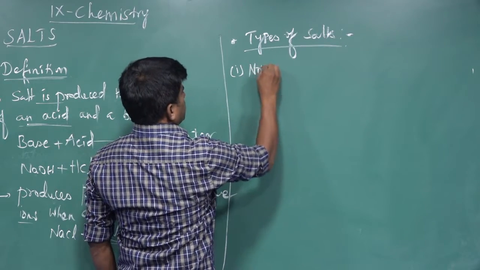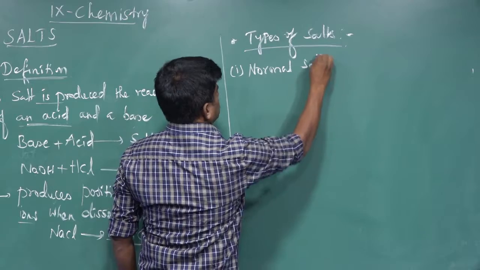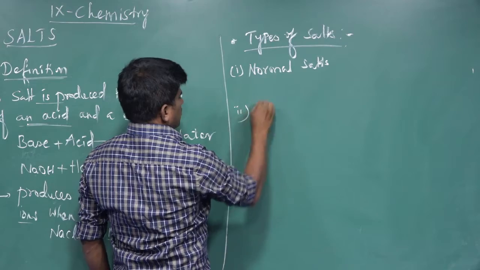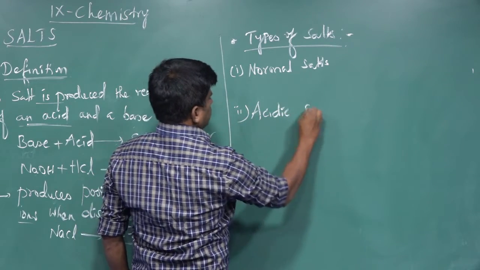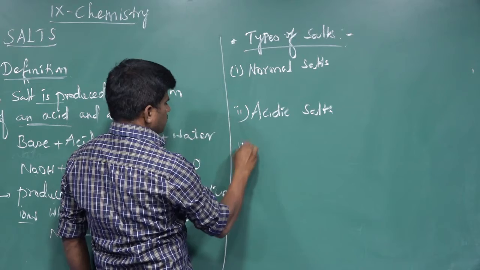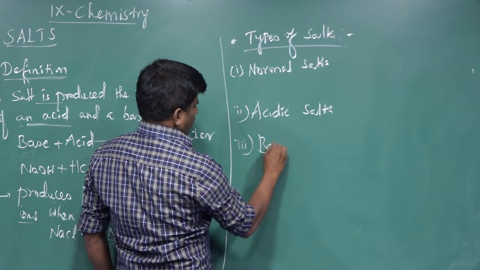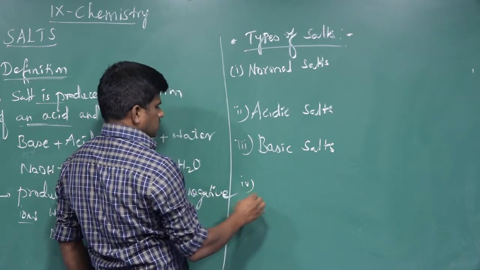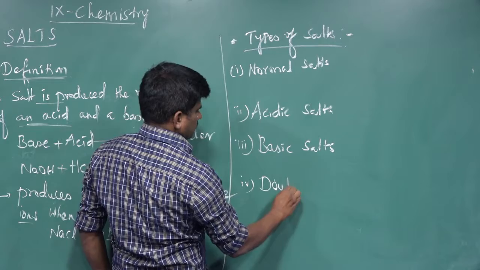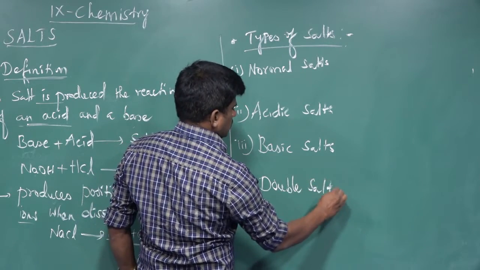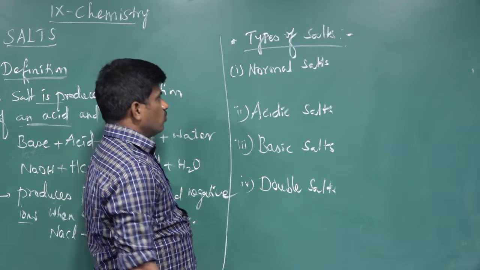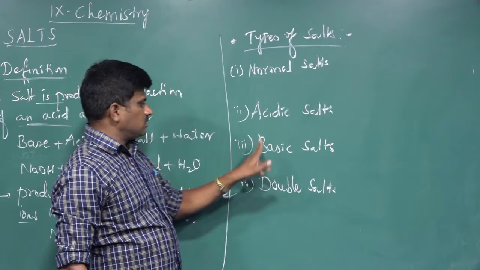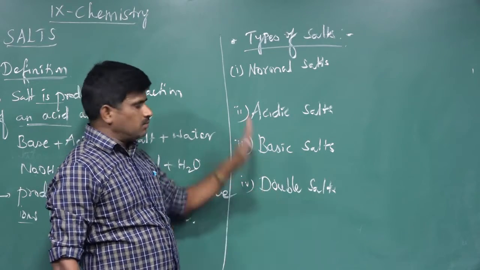One is normal salts, the second is acidic salts, the third is basic salts, and the fourth and last type is double salts. These are the four types of salts.